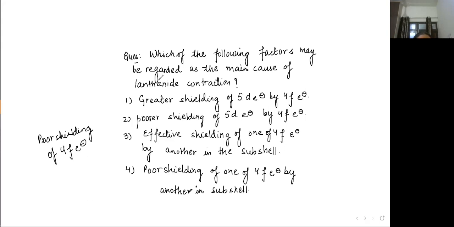If they have a poor shielding effect, that's why the size will decrease. So which option will be correct? Lanthanide contraction is because of poor shielding of 4f electrons, not poor shielding of 5d electrons.